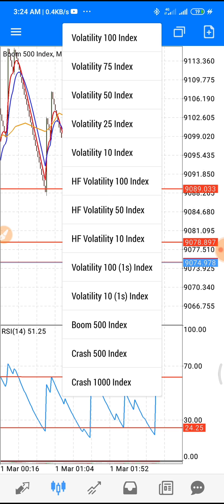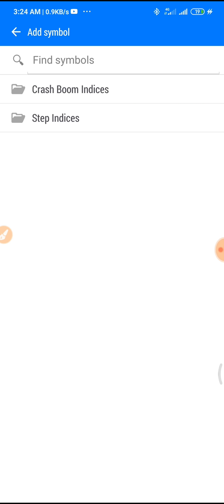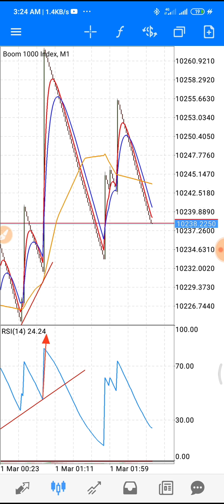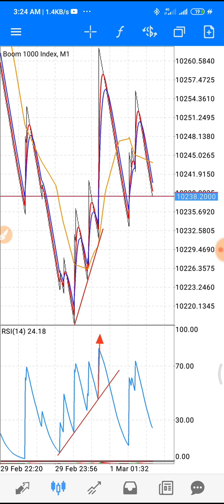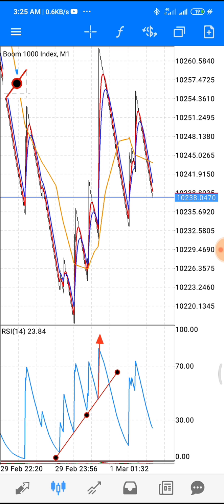So let me check boom 1000. You can see the analysis I did here. You can see the trend line I drew here. I drew these two supports, 1, 2, okay, these three supports.